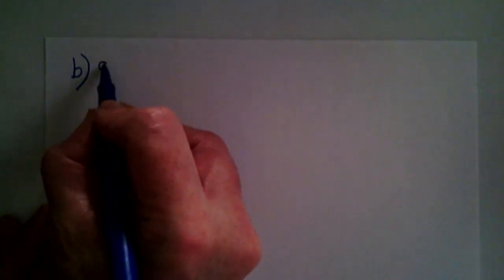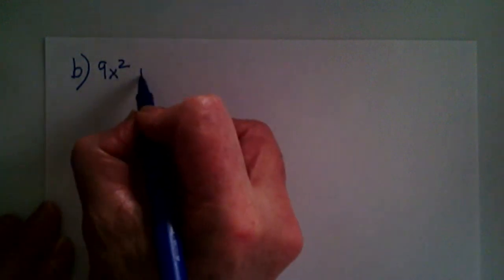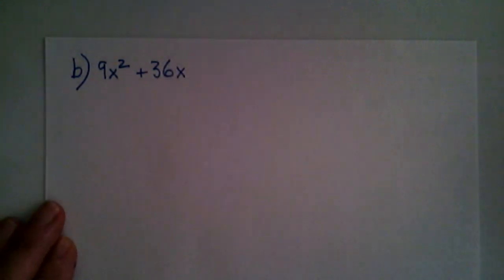So here, 3b is our 9x squared, and then we're going to put plus 36x, then leave a gap.